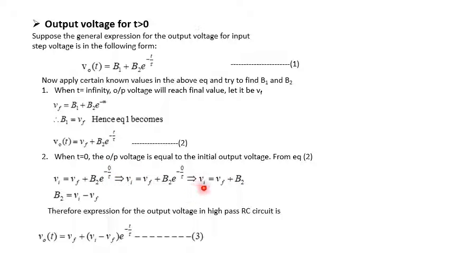Hence this equation becomes Vi is equal to Vf plus B2, or the constant B2 is equal to Vi minus Vf. Hence the expression for the output voltage becomes Vf plus (Vi minus Vf) into e raised to the power minus t upon tau. This is the general expression for the output voltage of the high pass RC circuit when step input voltage is applied to this circuit.